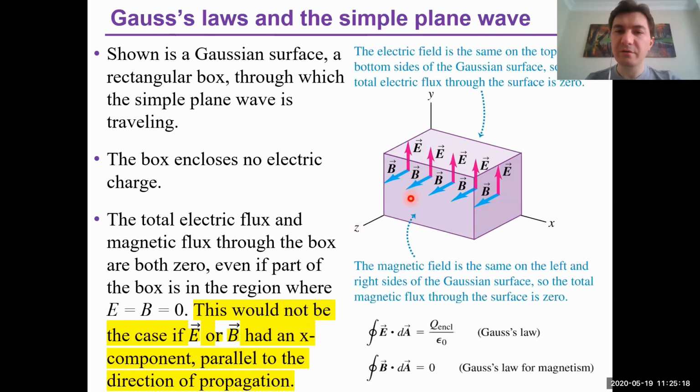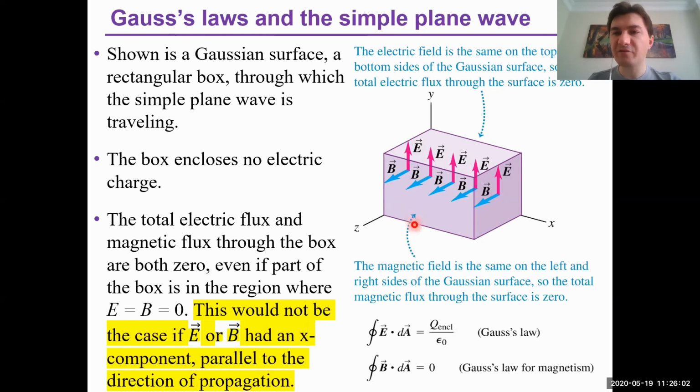So then what about that equation and what about that equation? So this box encloses no electric charge. So Q enclosed here is 0, okay? So then the result must be 0 here. If you solve this one, it should give us 0 because there is no Q enclosed. Then let's see whether it is correct or not. So what about the total electric flux through that box?